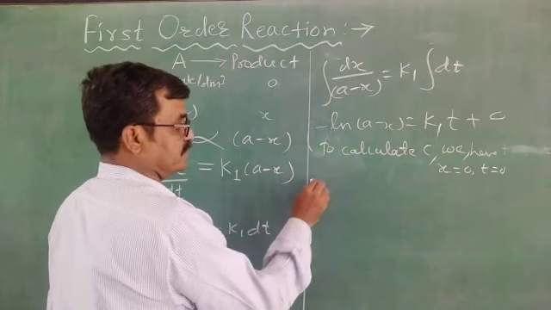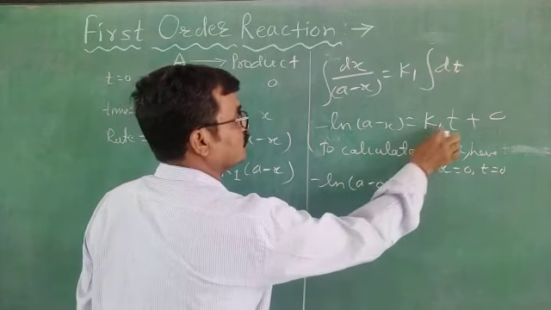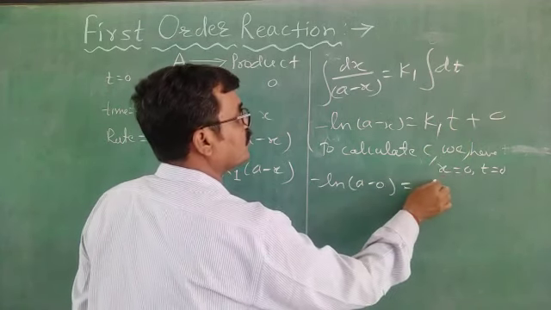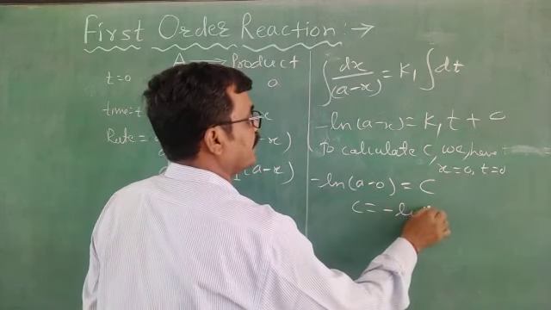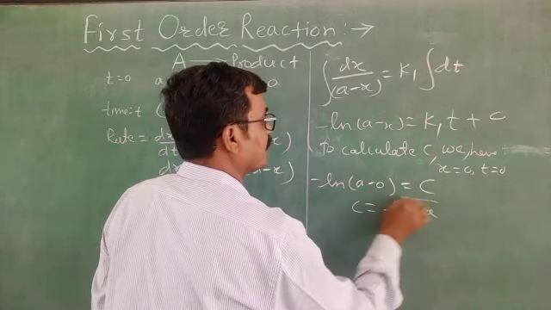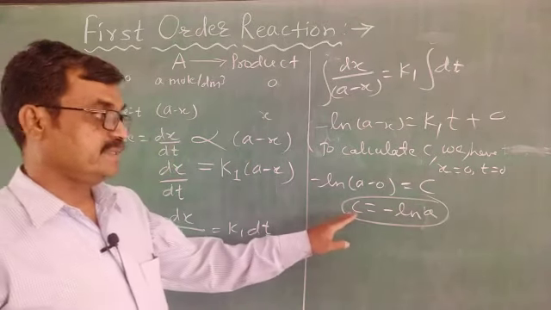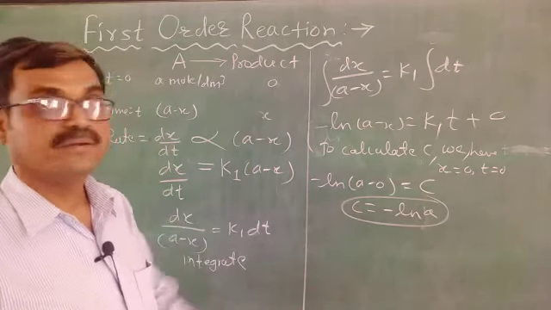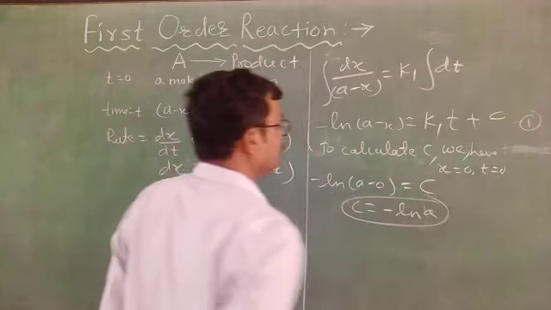Now put these in: minus ln (a minus 0) equals k1 into 0, that is 0, plus c, so c equals minus ln a. After calculating this integration constant, put this in equation 1.